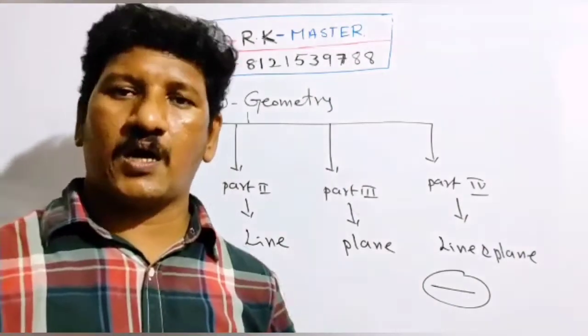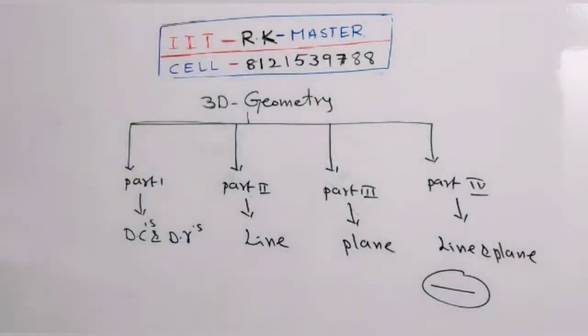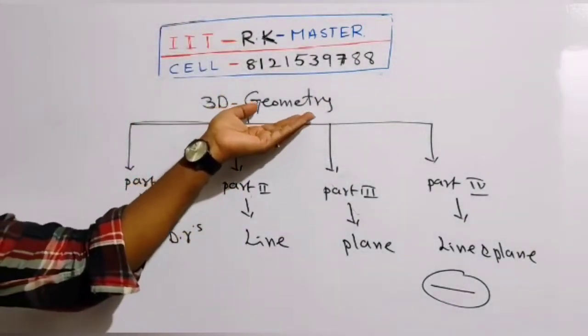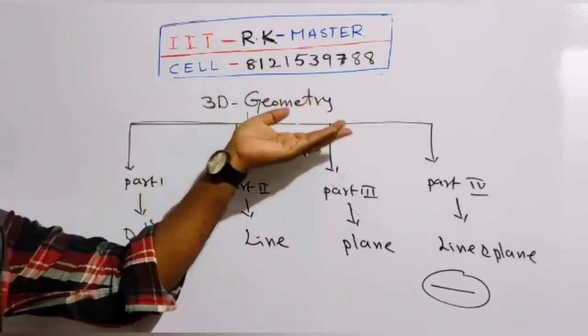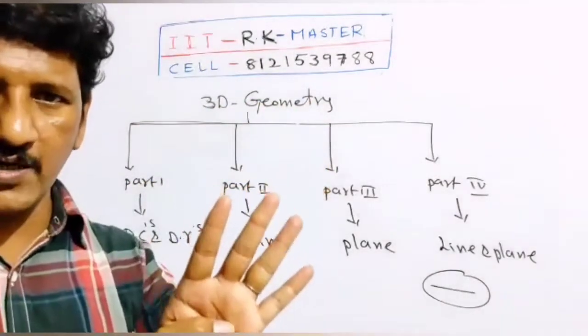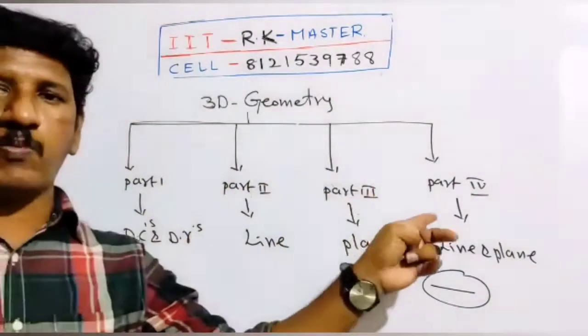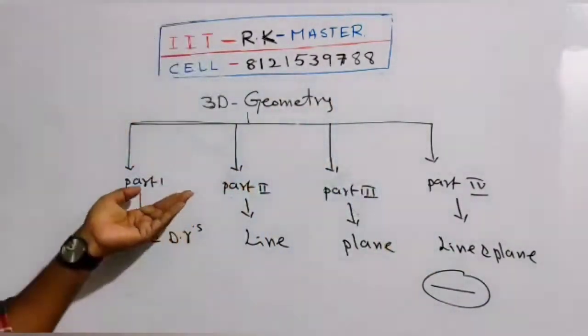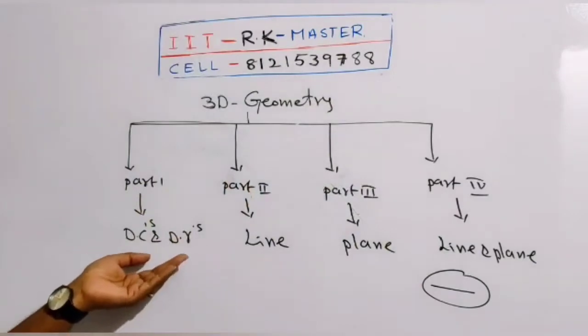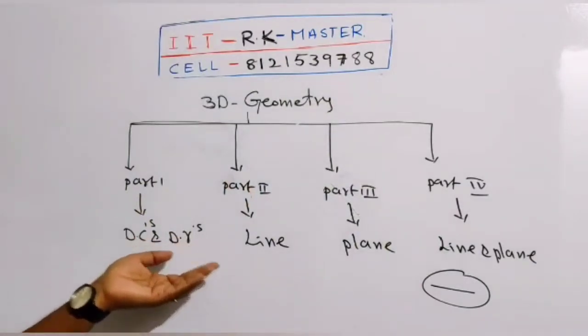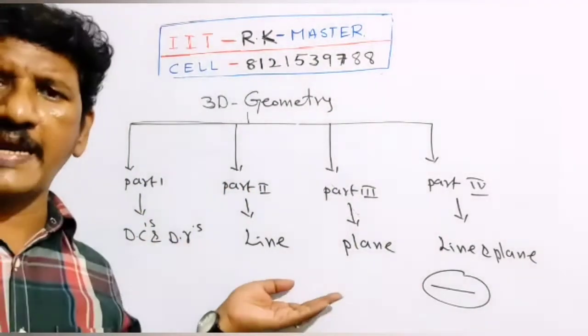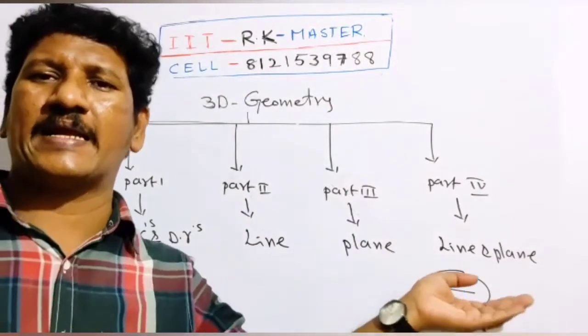Now let us start part 1. According to me, this 3D geometry topic is divided into 4 parts: part 1, part 2, part 3 and part 4. In part 1 we study DCs and DRs. Why? Because without learning DCs and DRs, we can't learn the line concept, plane concept and the line and plane concept.